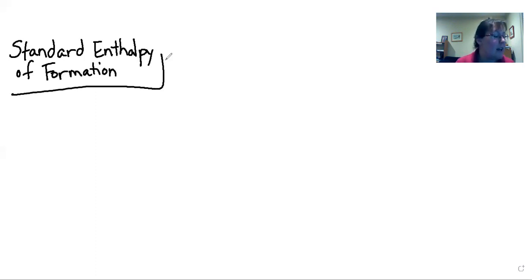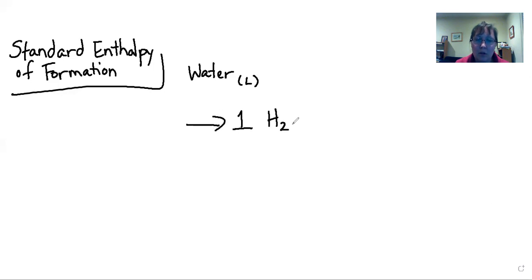So, the standard enthalpy of formation. Let's take a look at water, and for water as a liquid, that's really important. It means that we're making 1 mole of our compound, and when we make 1 mole of our compound at standard state, it's going to have a delta H value associated with it.